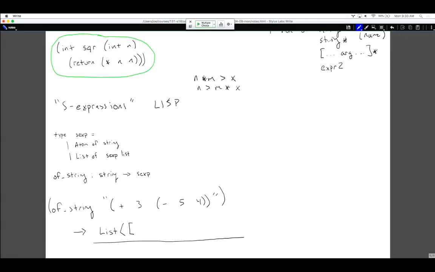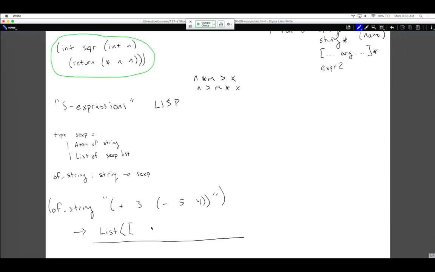What it's going to be a list of is the stuff inside this outer set of parentheses. The outer parentheses tell us this is going to be a list of stuff, and the things in the list are the sequence of things inside there. What's the first thing inside the parentheses? The plus. So we represent it like this.